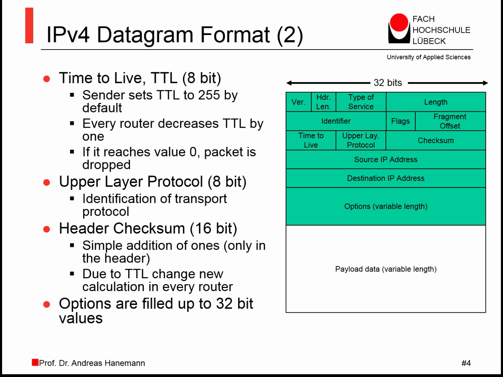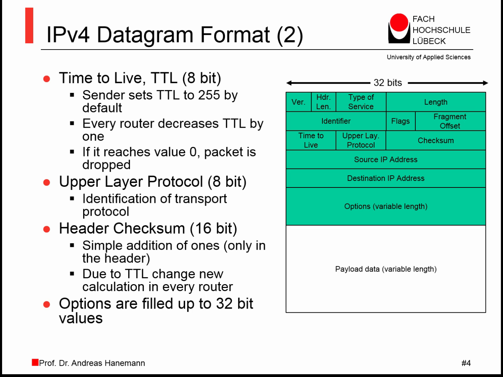The value in the field is decreased by every router which is traversed. If the value reaches 0, then the packet is dropped and an error message is sent. The TTL field is in particular important for misconfigurations where routing loops exist. So a router A may send a packet to router B, router B sends it to router C, and router C sends it back to router A, and so on.